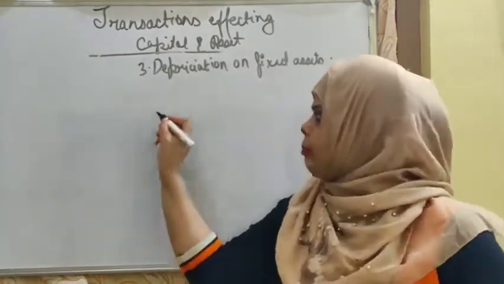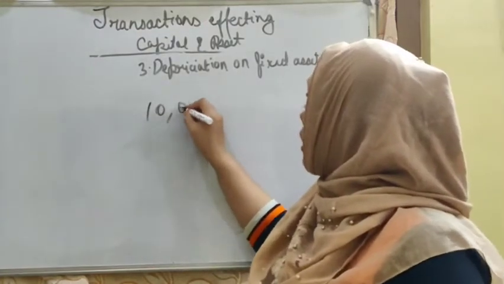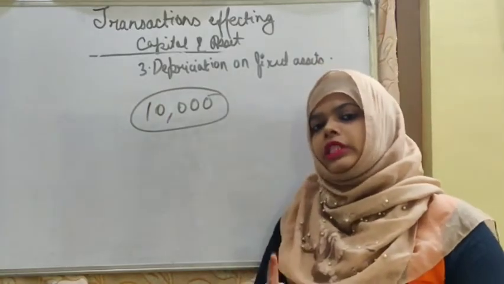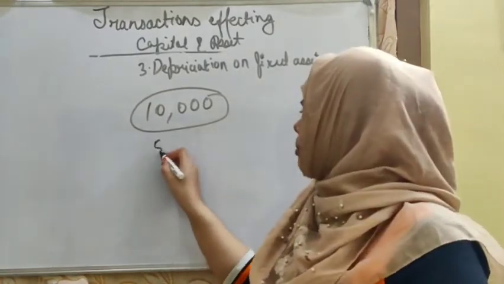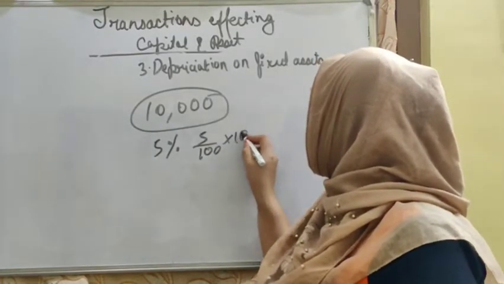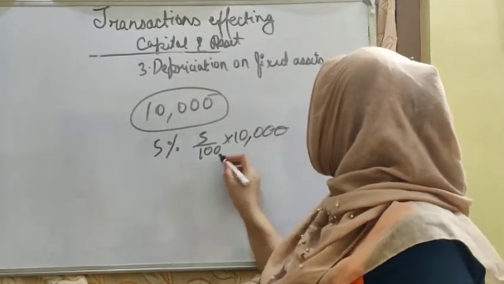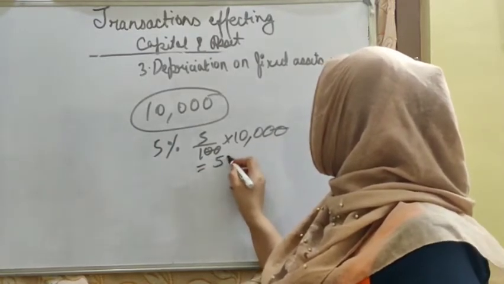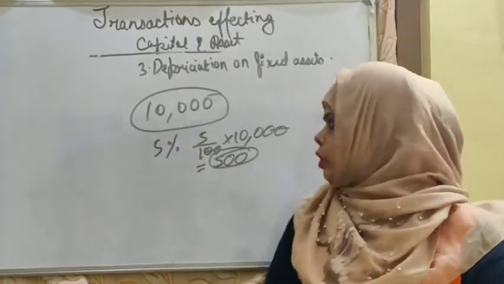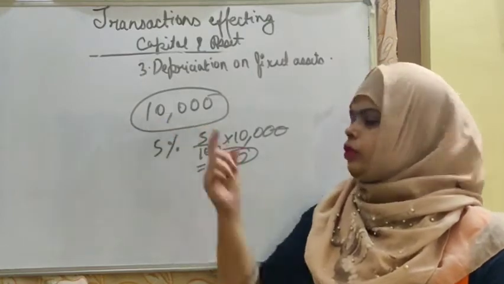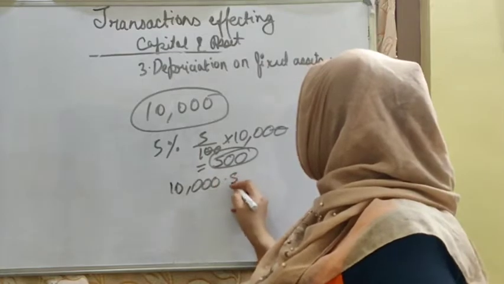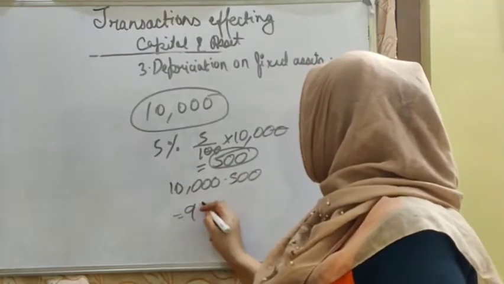Suppose I purchased a fixed asset for 10,000 rupees. After 1 year there will be a percentage of depreciation. Suppose 5% depreciation. So 5 by 100 into 10,000 rupees is ₹500. If we deduct 500 rupees from the 10,000, 10,000 minus 500 is 9,500.